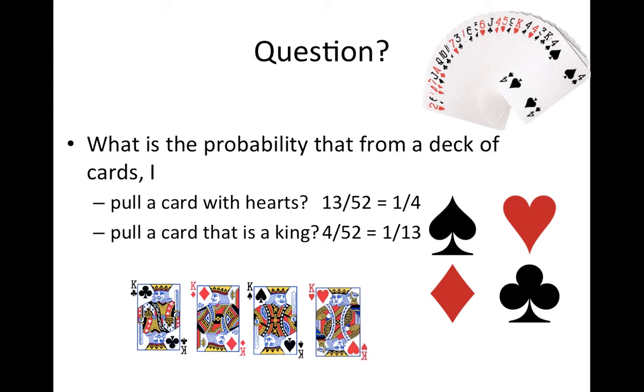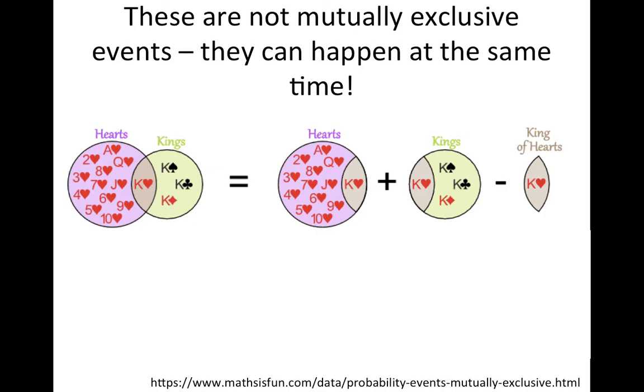Now, you could also ask the question, what is the probability to draw a card that is either hearts or king? Now, these events are not mutually exclusive. They can happen at the same time. We have 13 hearts, we have 4 kings, and we have one event where we have both, a heart and a king, the king of hearts.